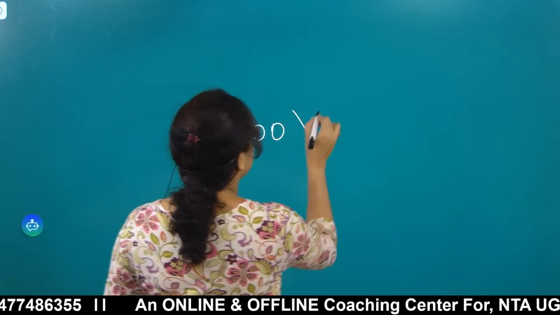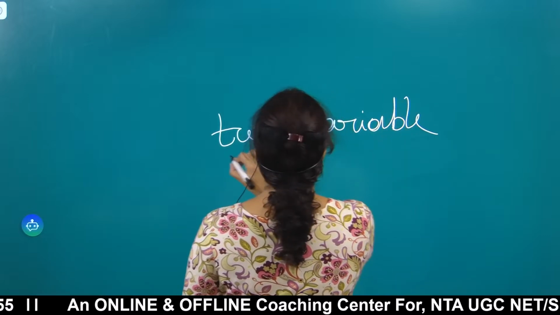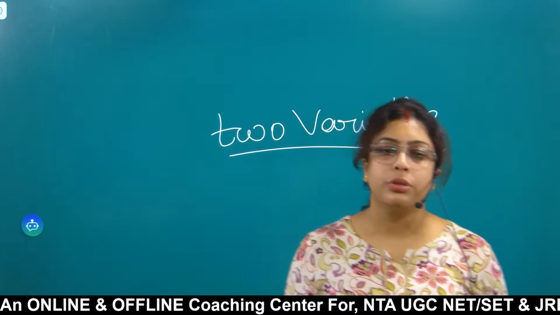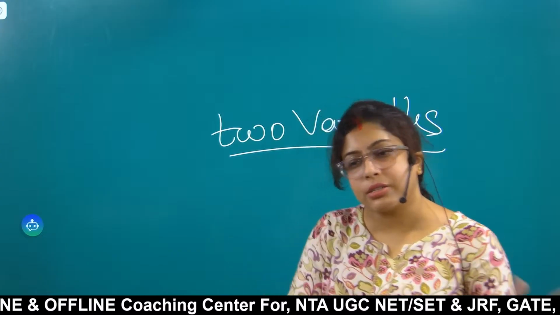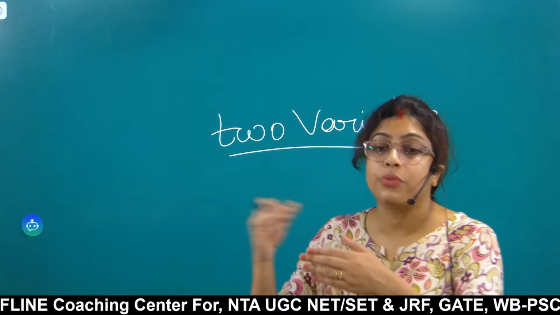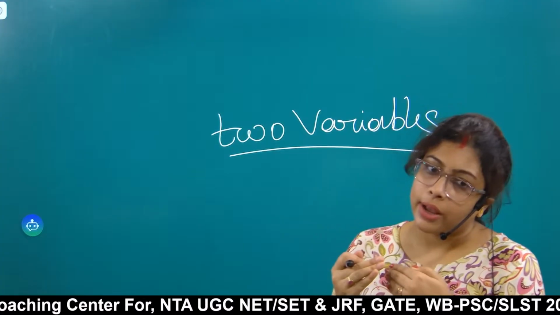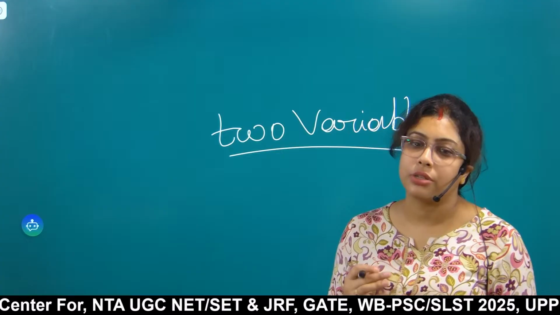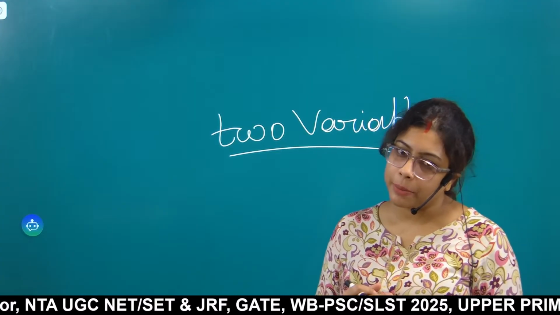So correlational research actually tries to find out the relationship, whether there is a relationship or not, or positive or negative. It tries to find out the correlation between the two variables. Clear?